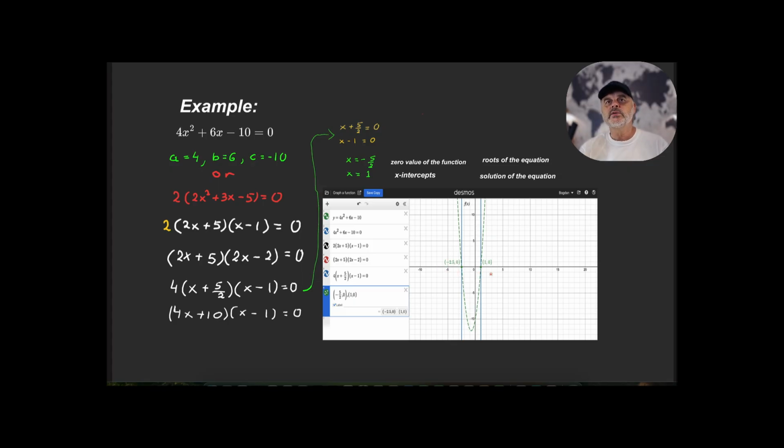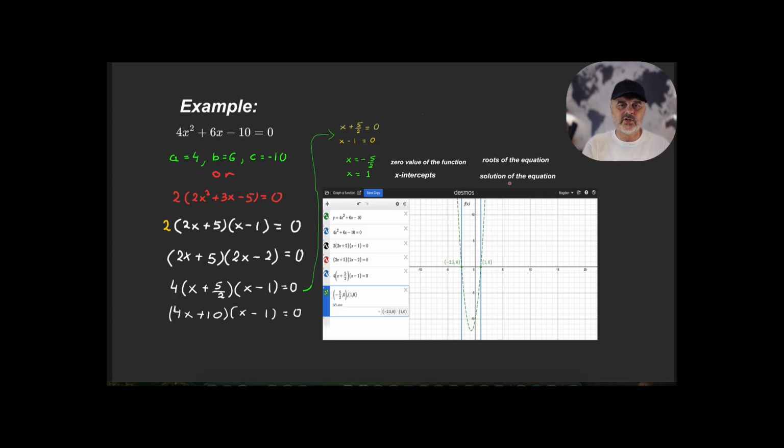When we have a graph, we call those points zero values of the function. You can also call them x-intercepts. We can call them roots of the equation, and obviously solutions of the equation. So there are 4 different ways of describing the same thing.